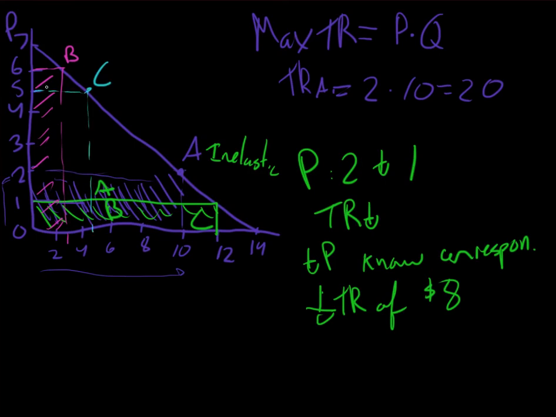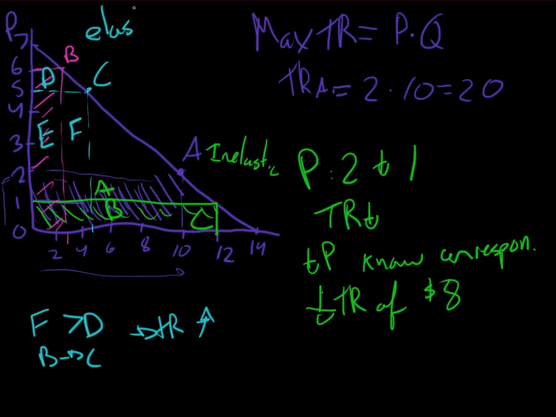Let's say my total revenue was initially D and E. F is greater than D, therefore my total revenue goes up going from B to C. This is because up here, people are responsive to a change in price. We've dropped the price by roughly 20%, and we've seen about double the amount of units sold.